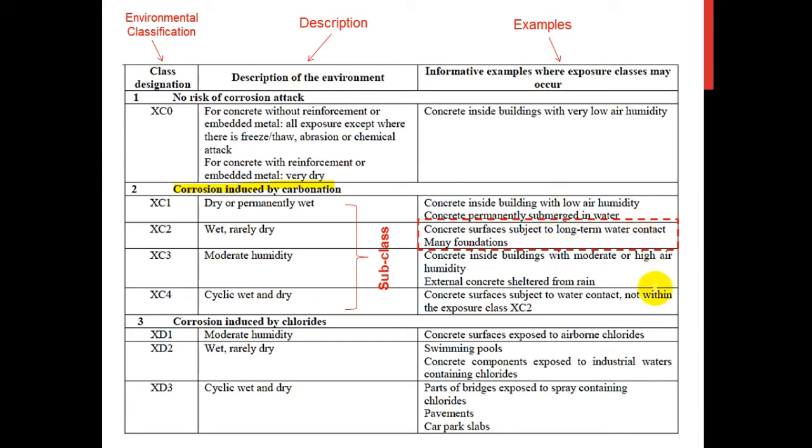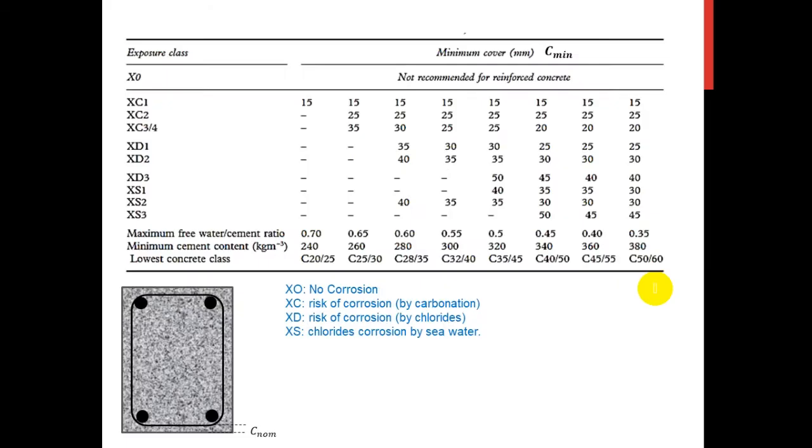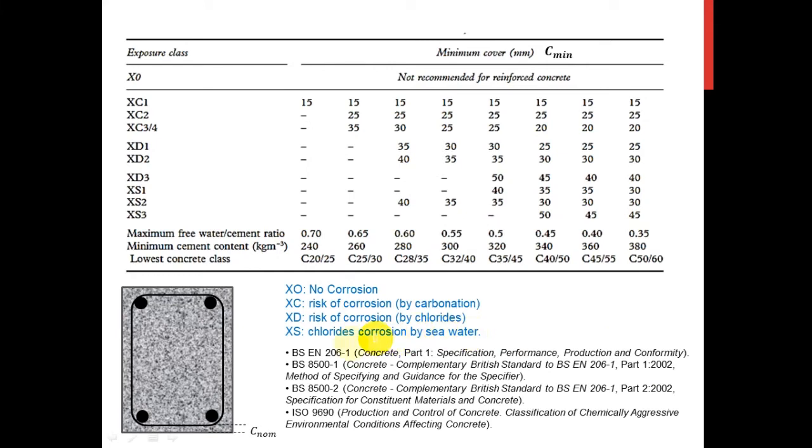Alright, let's look at the second table. First of all, to fully understand the durability requirements, reference must be made to these documents. You see, it combines both the Eurocode as well as the BS8500.